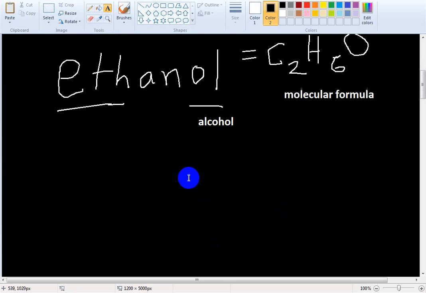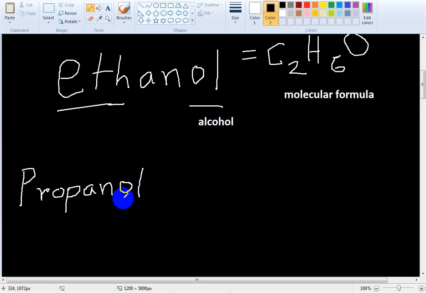Now I give you propanol. What will be propanol? What is the functional group? Is this an alkane, alkene or alcohol? Propanol. Alcohol. Why?